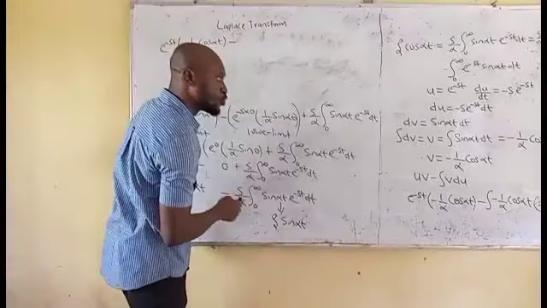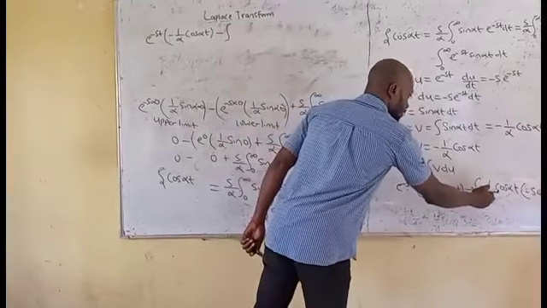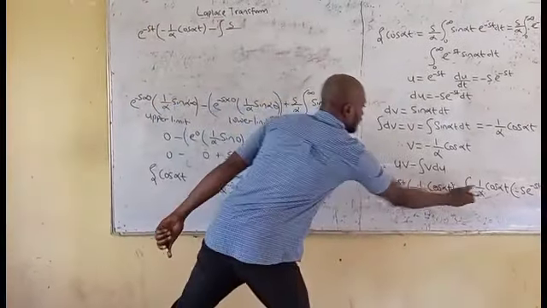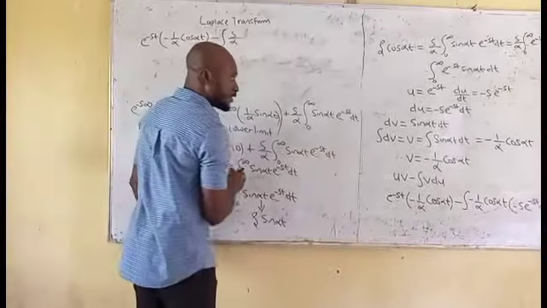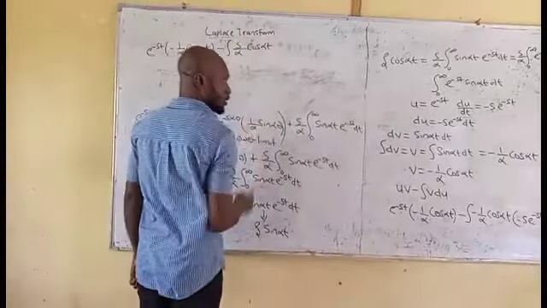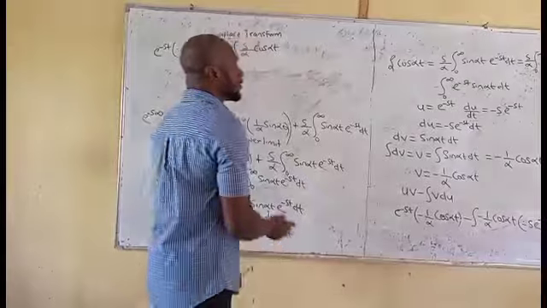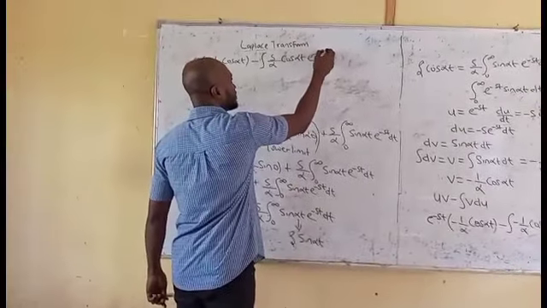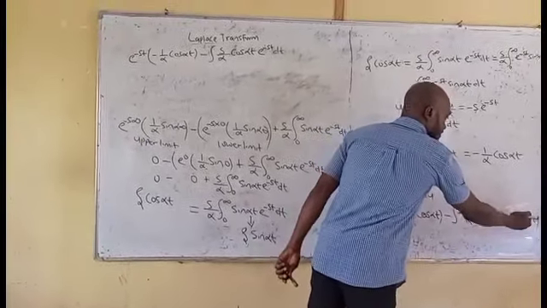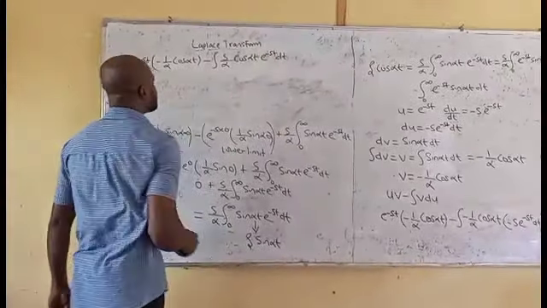Now minus, so it will be minus integral of minus 1 times minus x will give you x over alpha, then you have cos alpha t, then you have your exponential raised to power minus st dt. So this exponential minus st times what? dt. So you write it exponential minus st times dt.